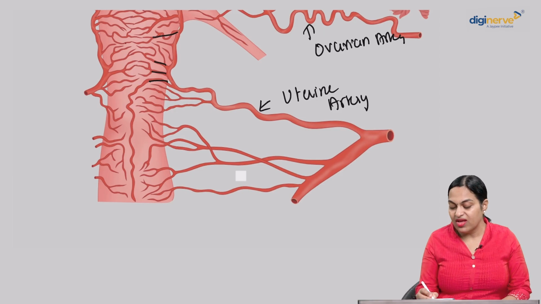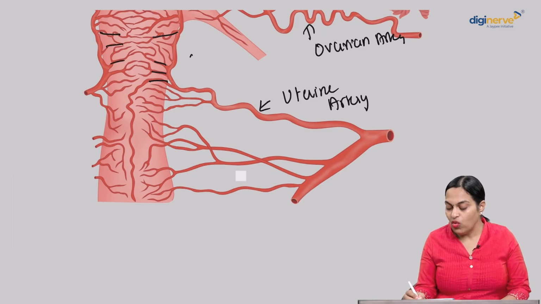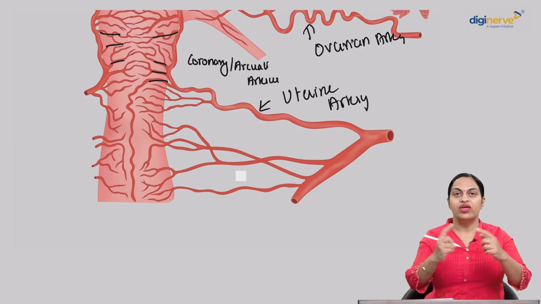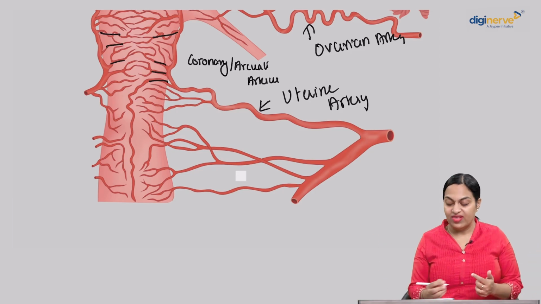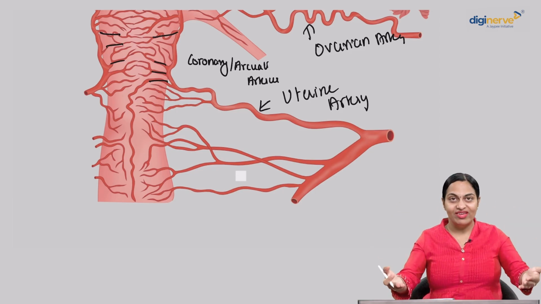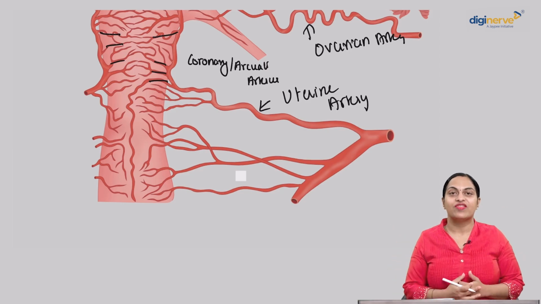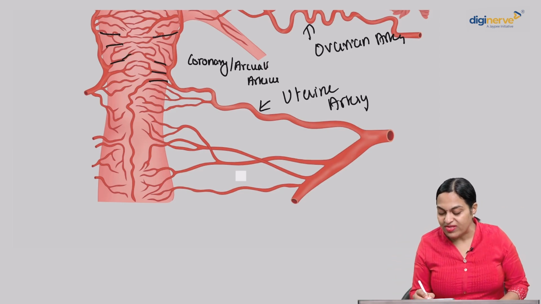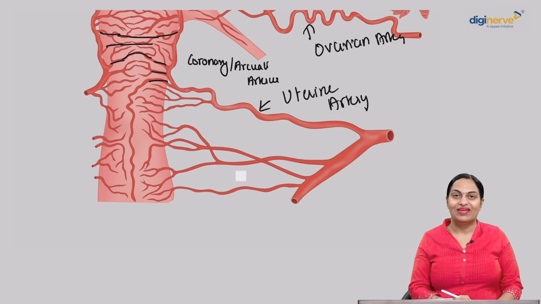These branches are called coronary or arcuate arteries. These coronary or arcuate arteries, you can see them running transversely both on the anterior surface and the posterior surface of the uterus.